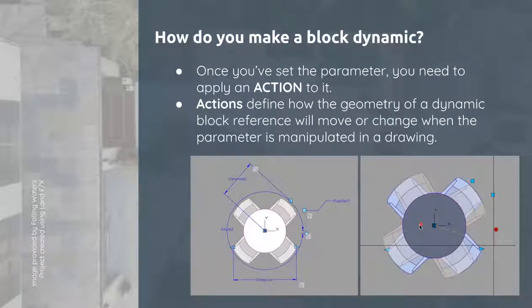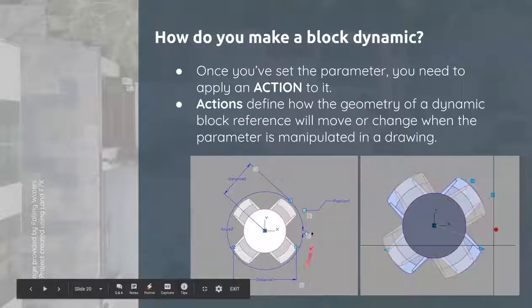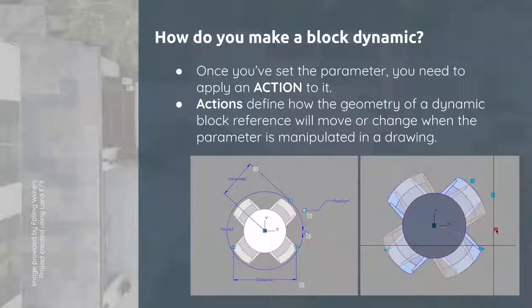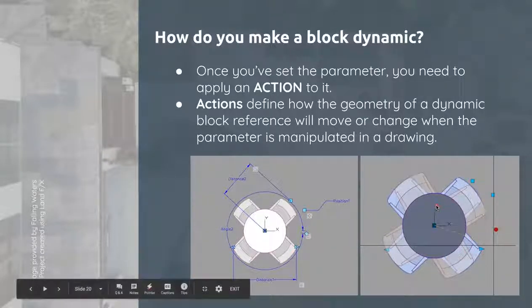So it defines how the geometry of the dynamic block will move or change when the parameter is actually interacted with in model space. As you can see here in the block editor, we have these little icons next to each of these parameters. Those are actions. So that in model space over here, you can actually click on the parameter grips and apply whatever that behavior is.